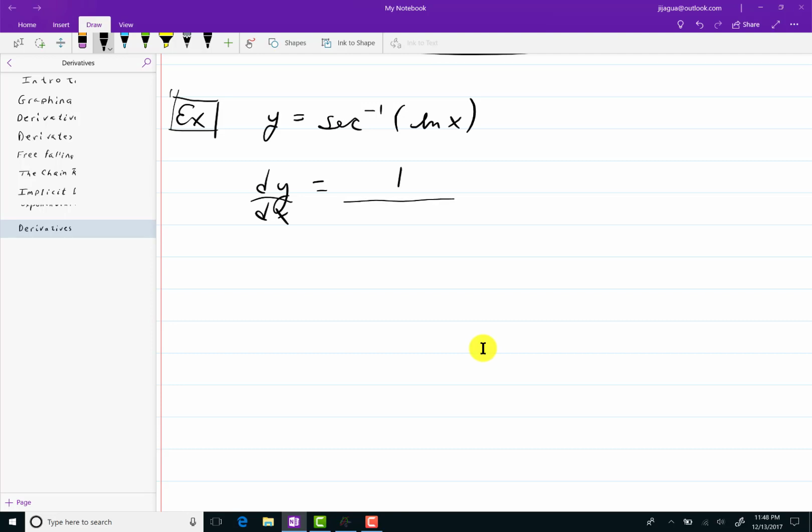Instead of an x, I'm going to put an ln x where I see it. Don't forget the absolute value is part of the formula. Then the square root, instead of x squared minus 1, I'm going to have ln squared of x minus 1. Notice I put that 2 on there. And times the derivative of ln of x.